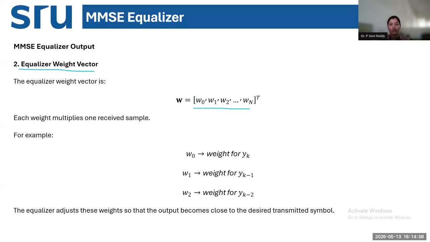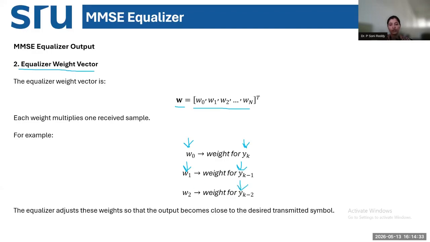Okay, so what are these factors called? We are calling these factors weights. So W is the factor here, and we are using one matrix consisting of all the coefficients, one for each symbol. Suppose for your current symbol y(k), we multiply by the weight W0. For y(k-1), we use the weight W1.